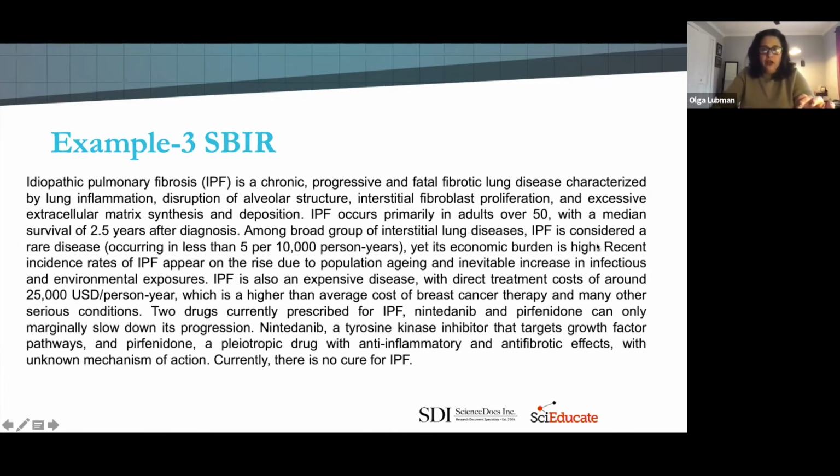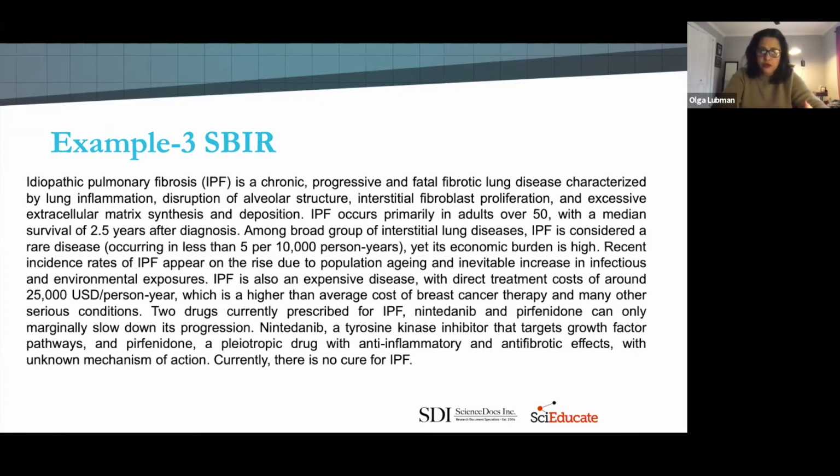And here there is a special emphasis: IPF is also an expensive disease with direct treatment costs of around $25,000 per person per year, which is higher than the average cost of breast cancer therapy and many other serious conditions. So in commercialization plans, your specific aims need to reflect the fact that you have thought about your market, in addition to the problem and the solution.